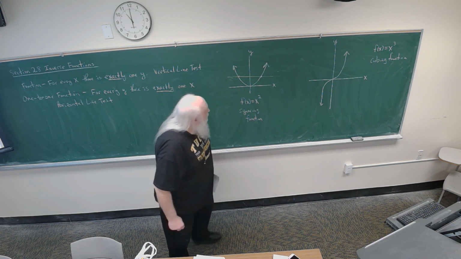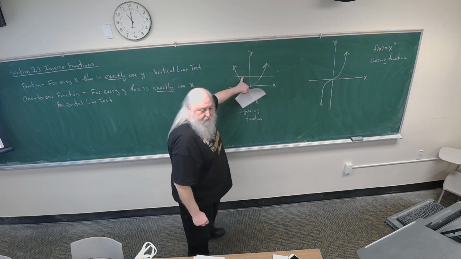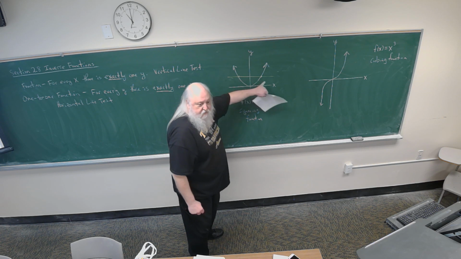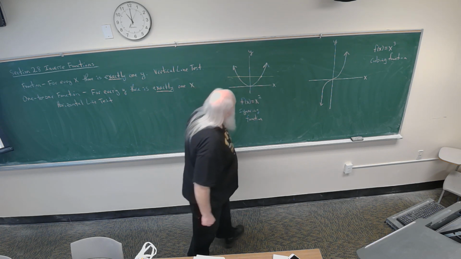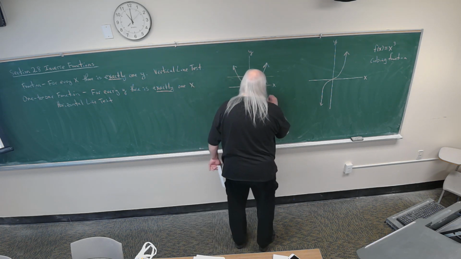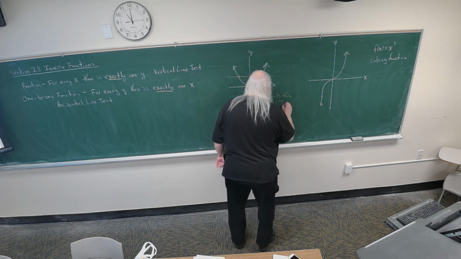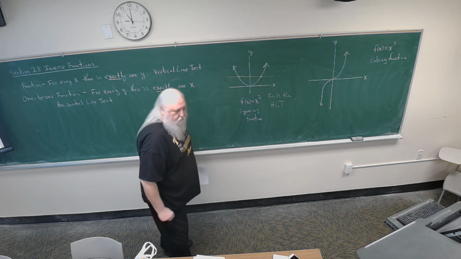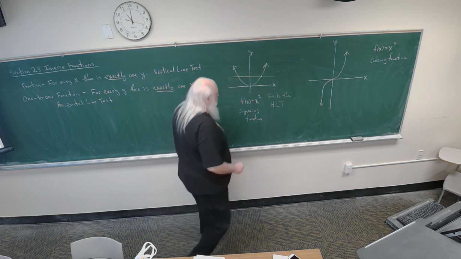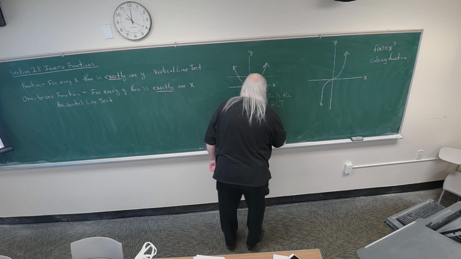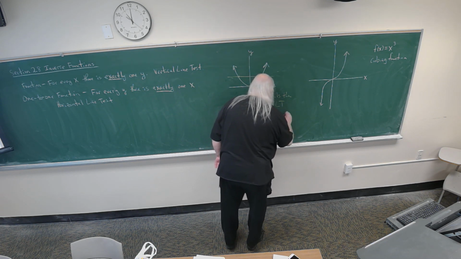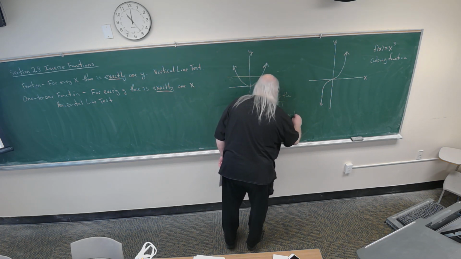So we got 2 points with the same value of y, but they're different x coordinates. So this fails the horizontal line test. That's what HLT is short for, horizontal line test. So this is not a one-to-one function.